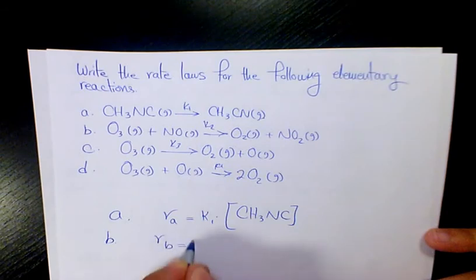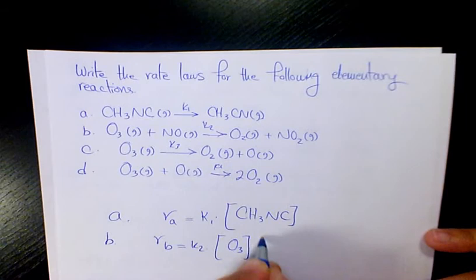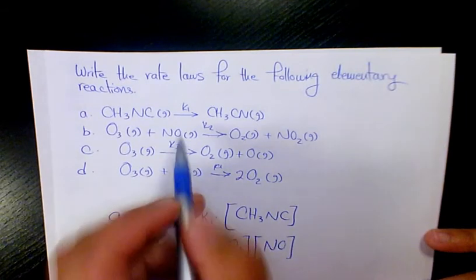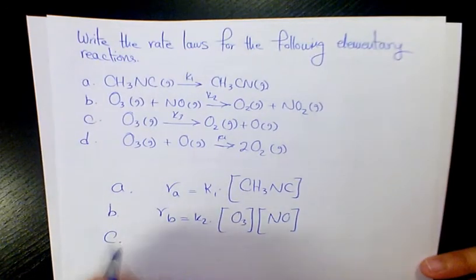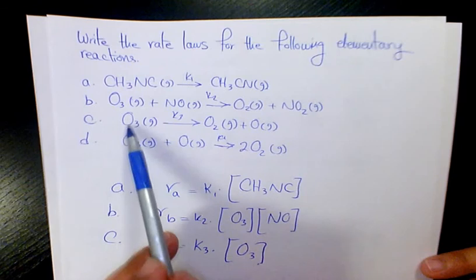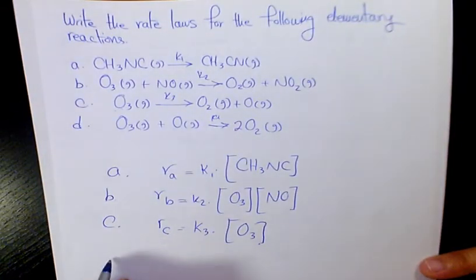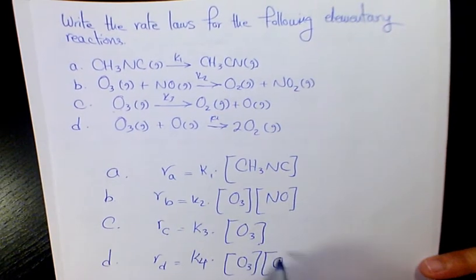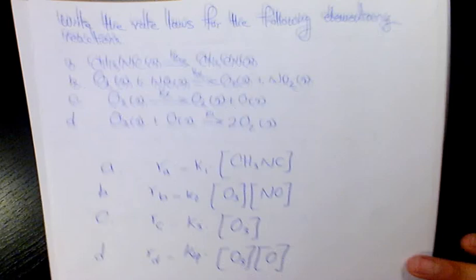Rb is going to be K2, that's bimolecular, ozone times NO, because we have two reactants. Rc equals K3 times O3, that's unimolecular again because we have only one reactant, and Rd equals K4 times O3 times O. That's going to be bimolecular.